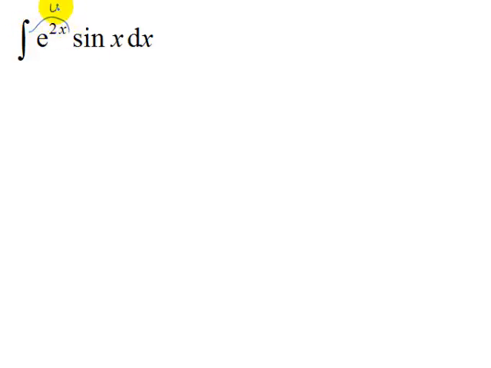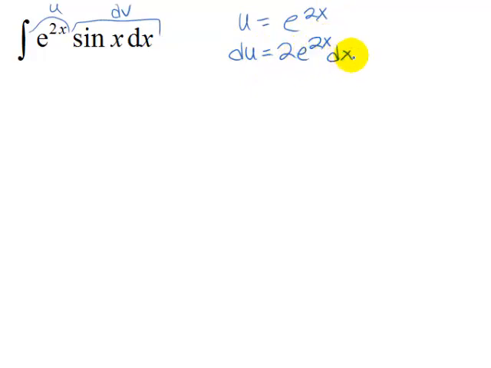I'm going to call this first part u and the second piece dv. So we have u equals e to the 2x, which means du is 2e to the 2x dx, and dv is sine x dx, so v is negative cosine x.